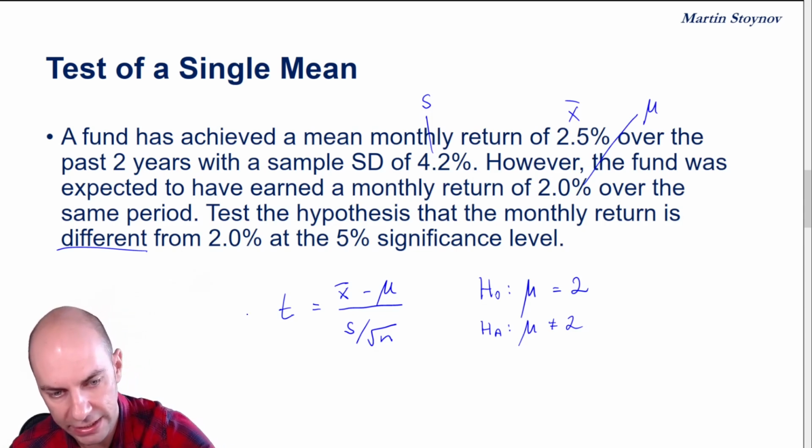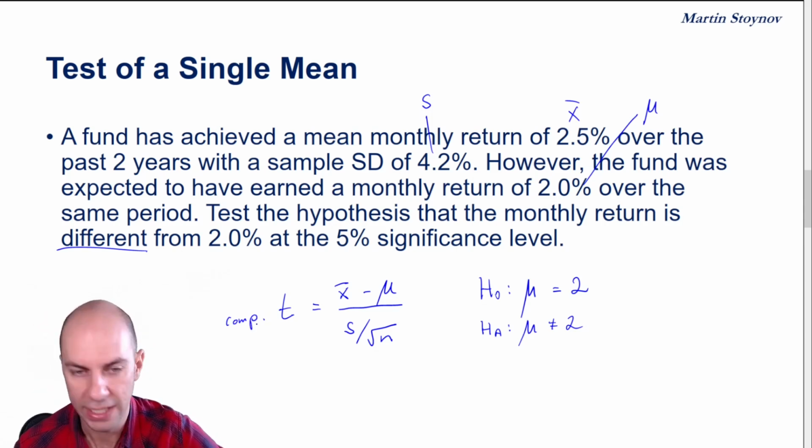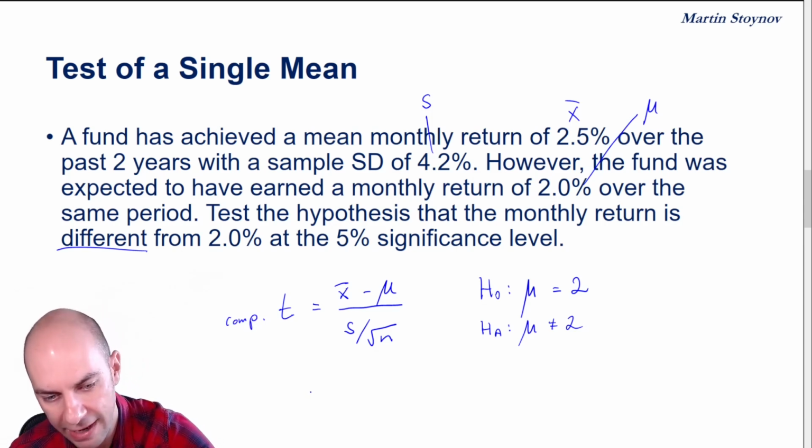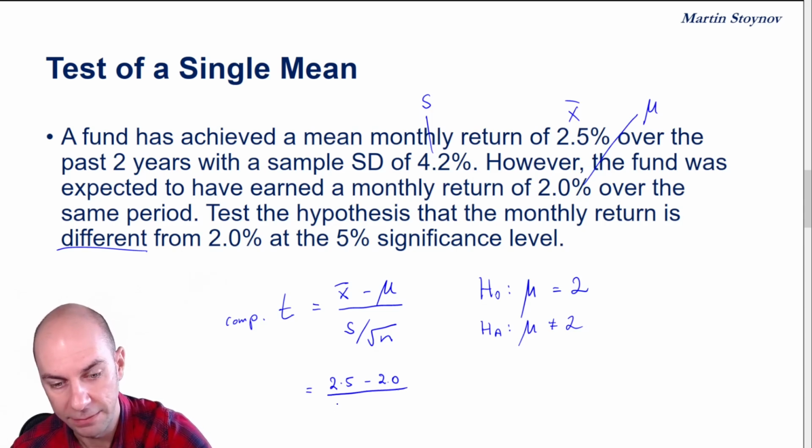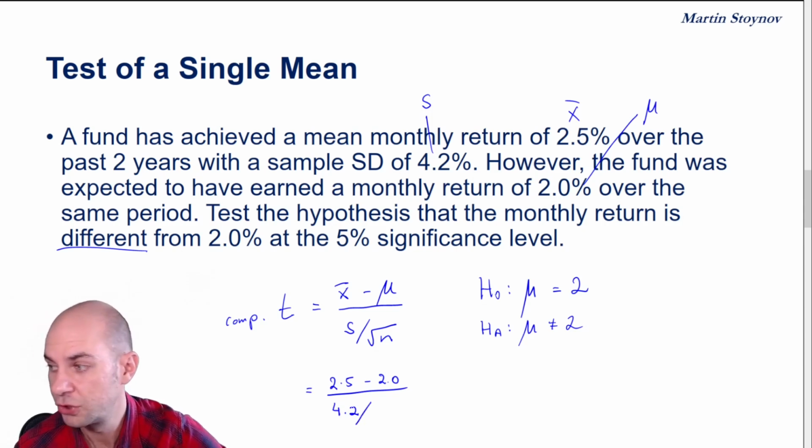This is referred to as the computed statistic, which in this case is a t statistic. So I'm going to take the x bar, which is 2.5, subtract the hypothesized mean of 2, and then divide by the sample standard deviation divided by the square root of the sample size.